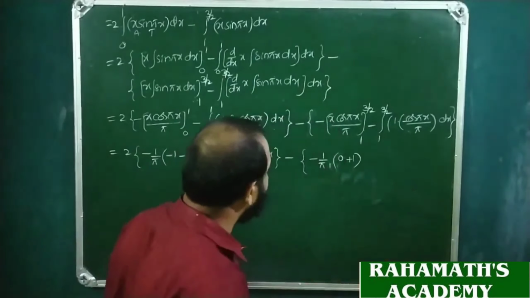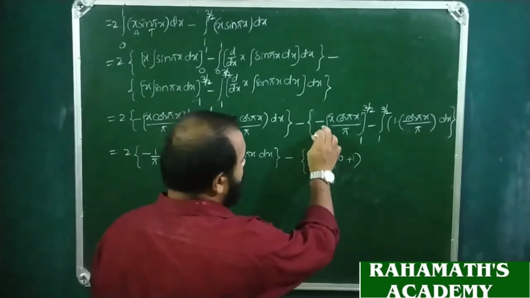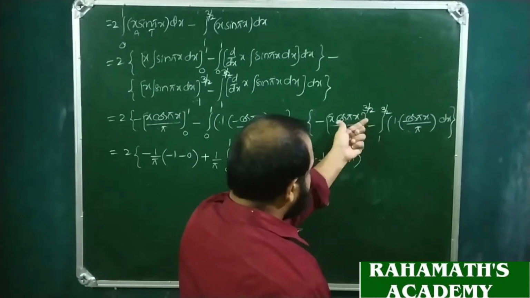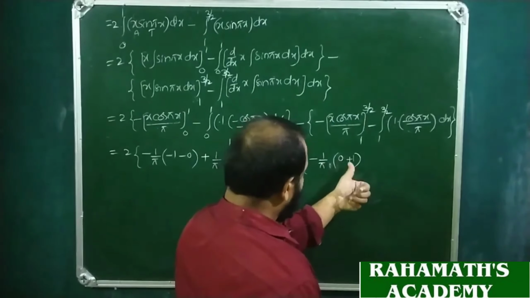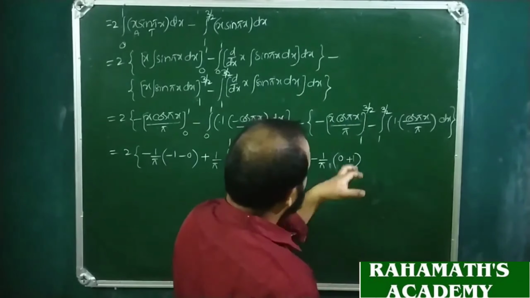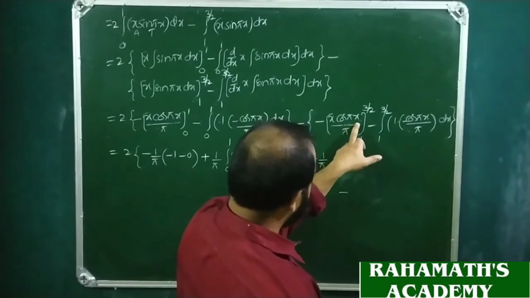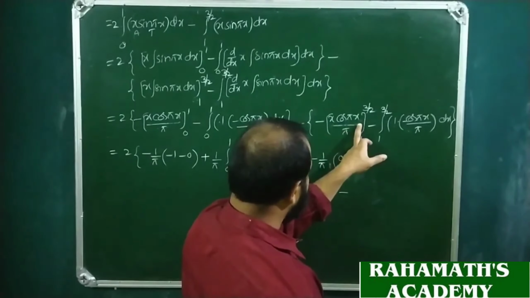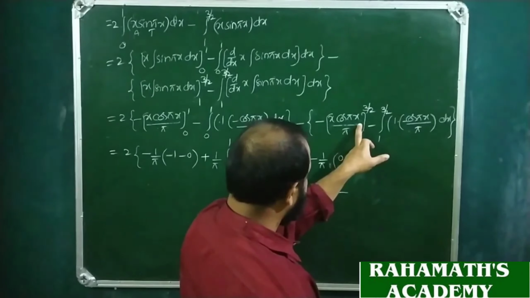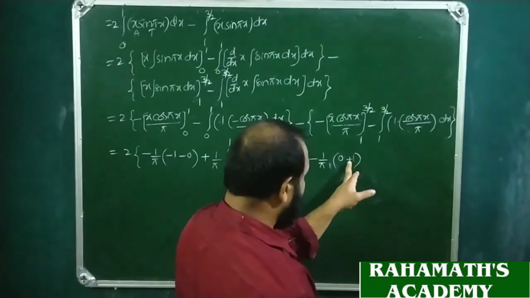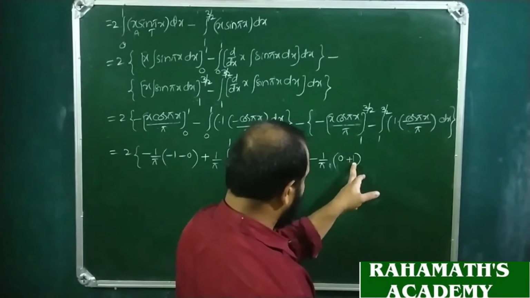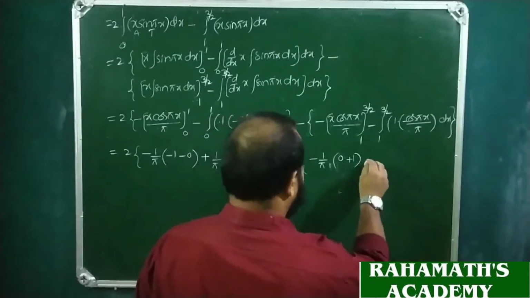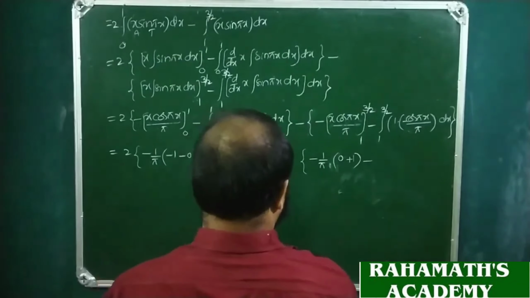So here minus 1 by pi into cos pi into 3 by 2, cos 3 pi by 2 value is 0. Minus lower limit 1 into cos pi. Cos pi is cos 180, minus 1. So the value is upper limit minus lower limit. Minus is already there, so minus of minus plus 1. Okay.